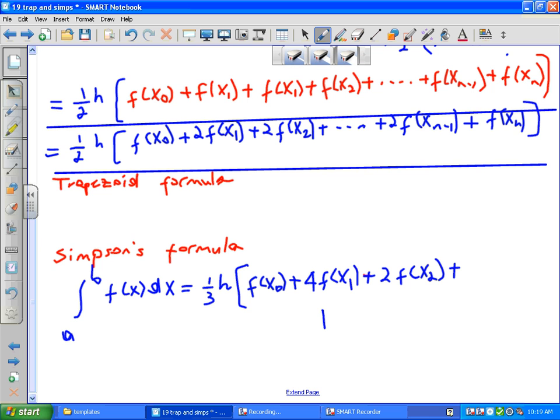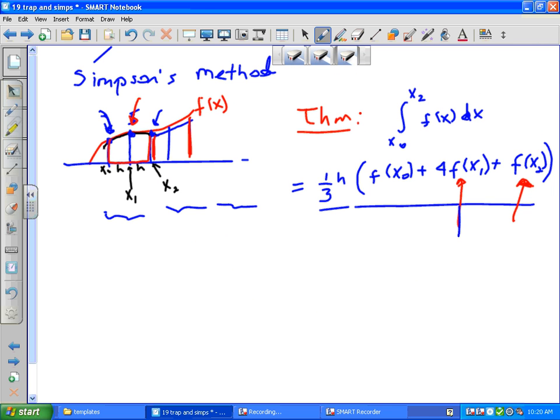So that will be 2 times f of x sub 2. Why is the middle one 4? Yes, that came from this formula. Basically, you have to look at them as pairs, 2 next to each other. This is the way you can look at them with the Simpsons method.